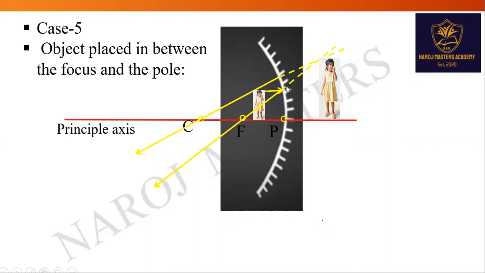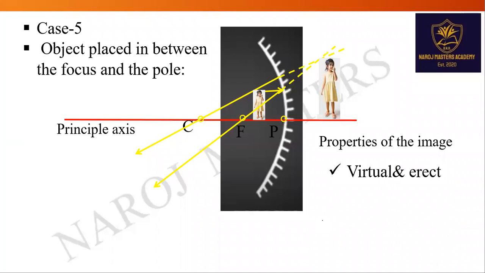An image formed by extending the light rays is a virtual and erect image. The properties of the image are virtual, erect, and upright. This is above the principal axis, so we call it upright. And look here, the object size is smaller than the image size, so the image formed is a magnified image.